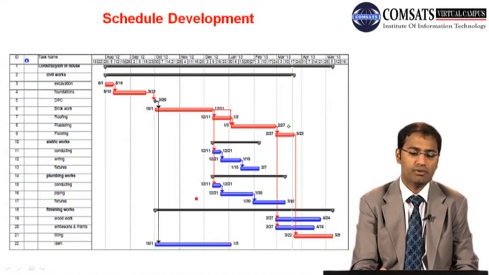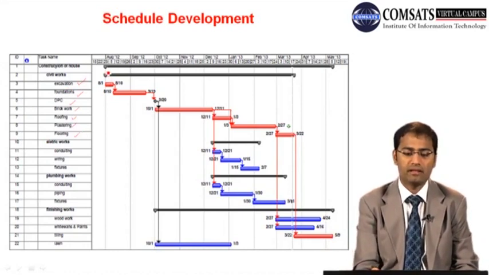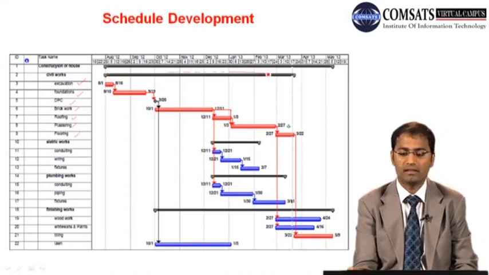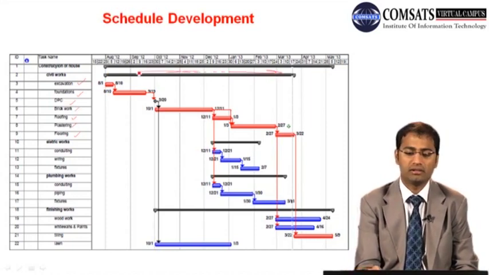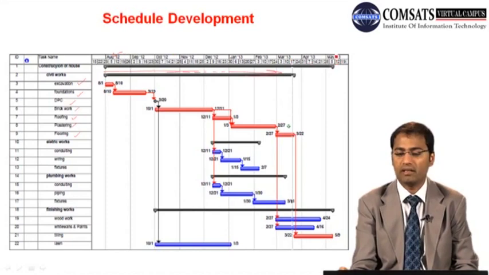So over there we are having activities, and over there this axis is the time axis. Over there you can see August 12, and over there May 13.